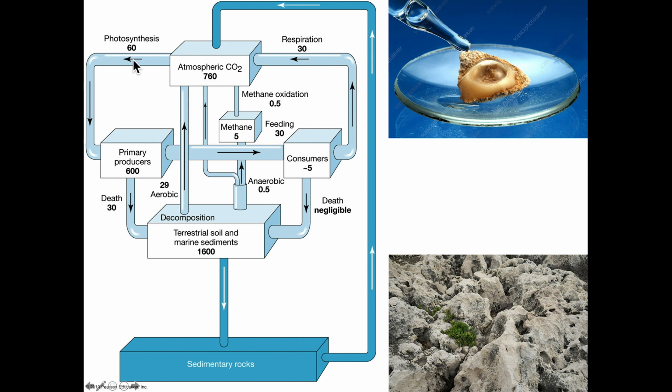It can be sucked up via the process of photosynthesis, and it becomes the bodies of primary producers. Now these can die and sink, become part of soil carbon or marine sediment carbon, or they can be eaten.